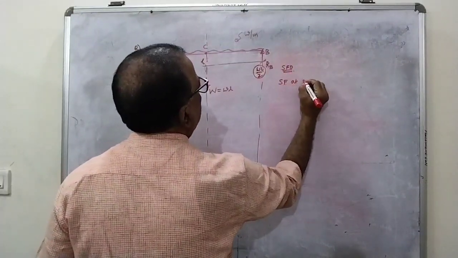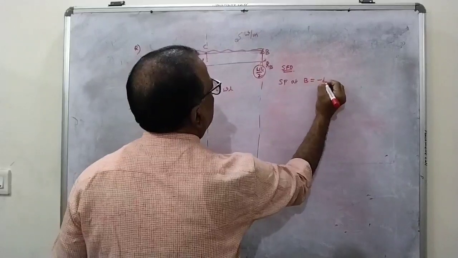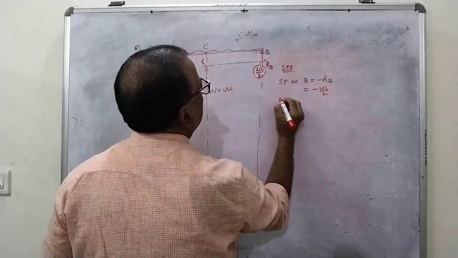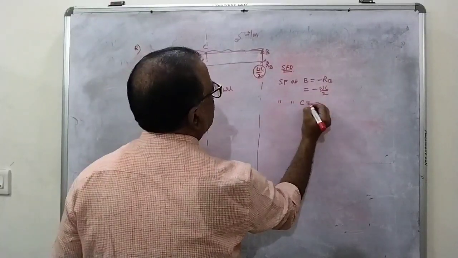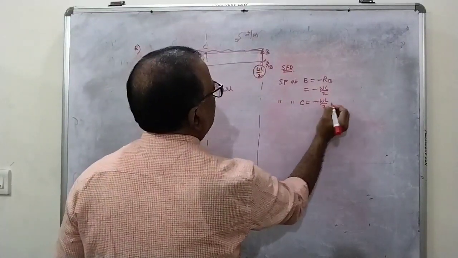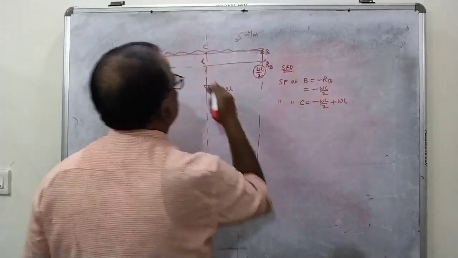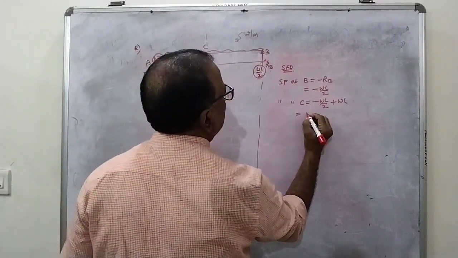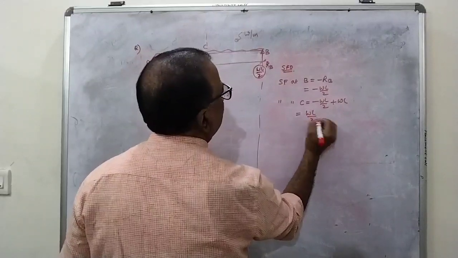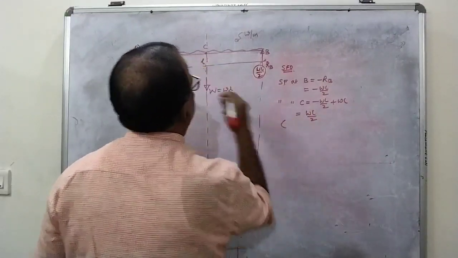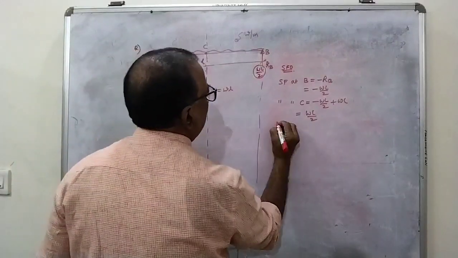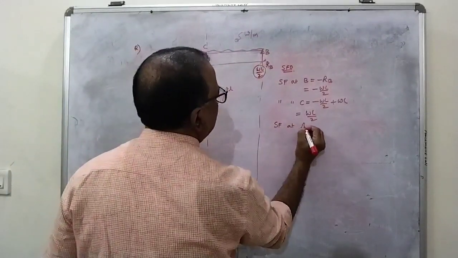Shear force at B is minus RB, that is equal to minus wL by 2. Next, shear force at C is minus wL by 2 plus total UDL, plus wL, that is equal to wL by 2. And what is the shear force at A?